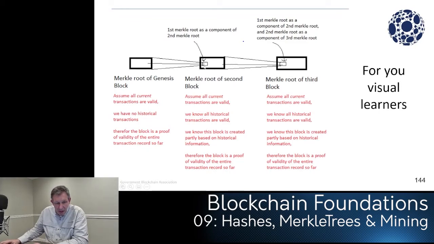I can embed that into the second block. In the second block, I can take all of the hashes in the second block, blend them together along with the summary hash from the previous block, get a new hash, and drop that into the third block. In the third block, I'll have all of the hashes of the transactions along with the summary hash of the last block, create a new hash, and that'll go into the fourth block.